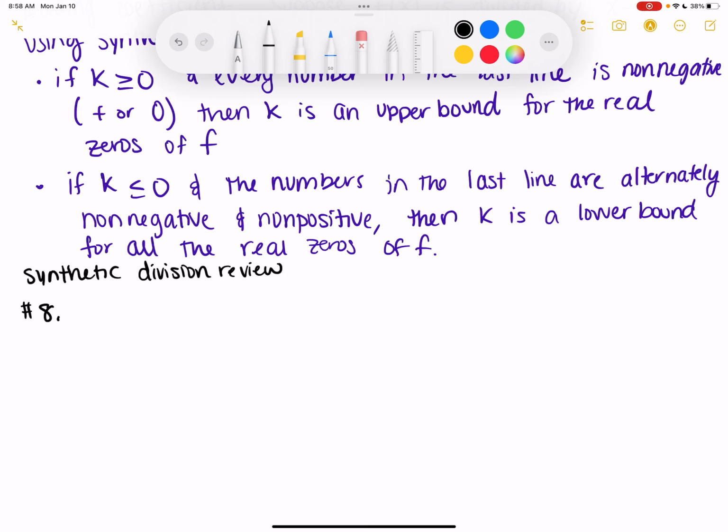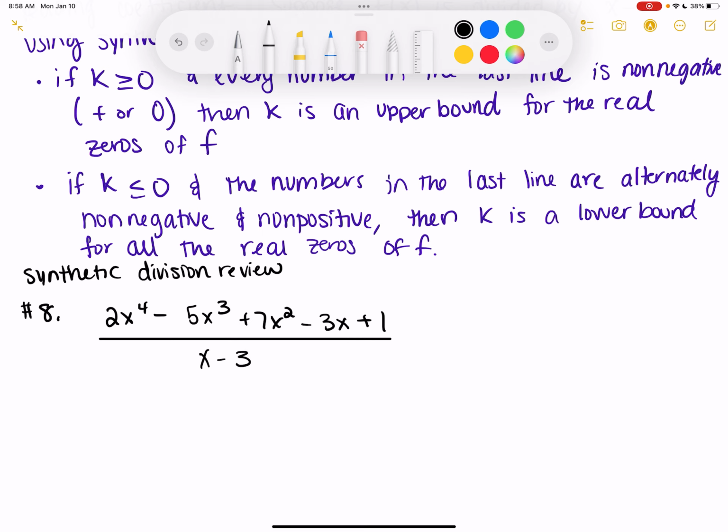All right. So we have the problem 2x to the 4th minus 5x cubed plus 7x squared minus 3x plus 1 divided by x minus 3.